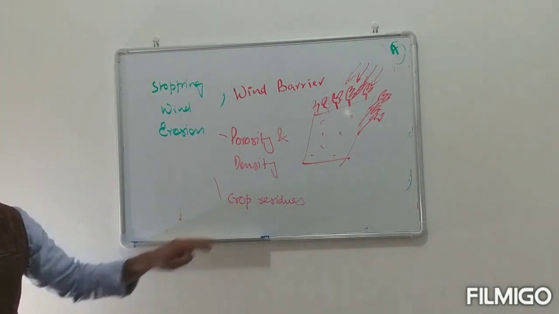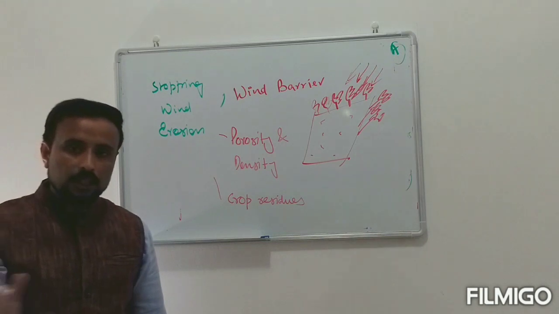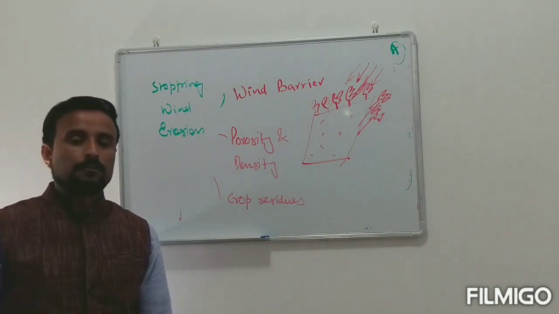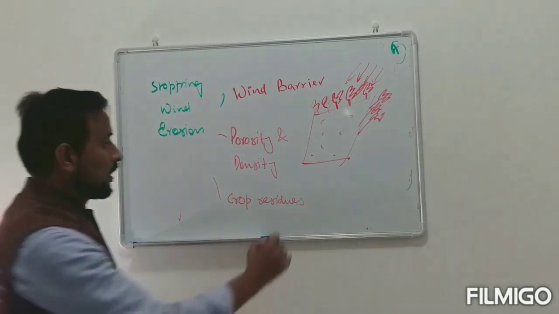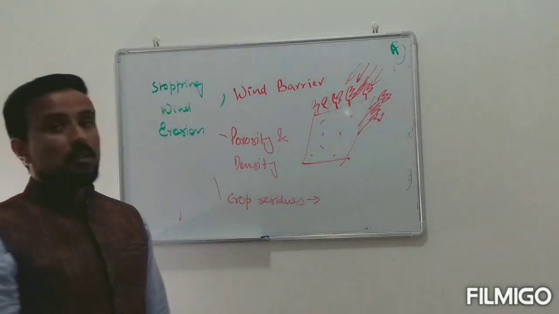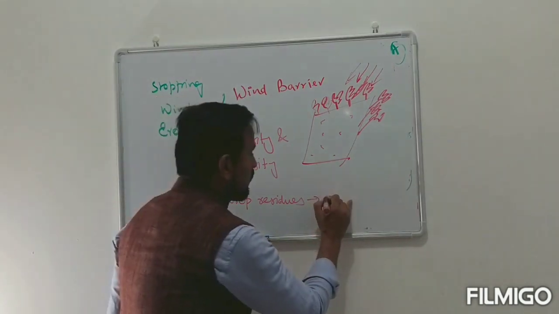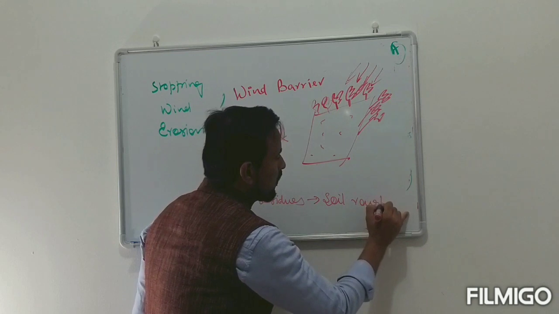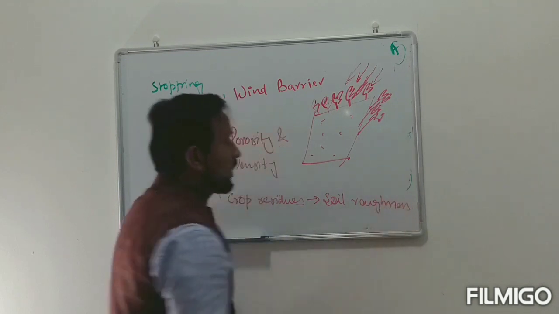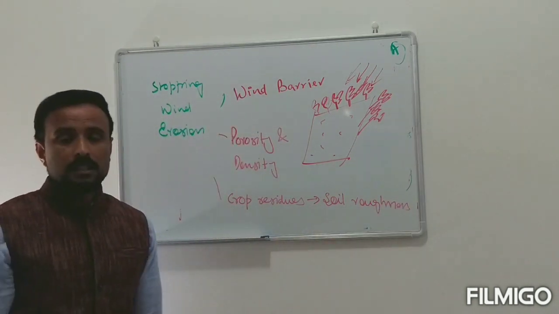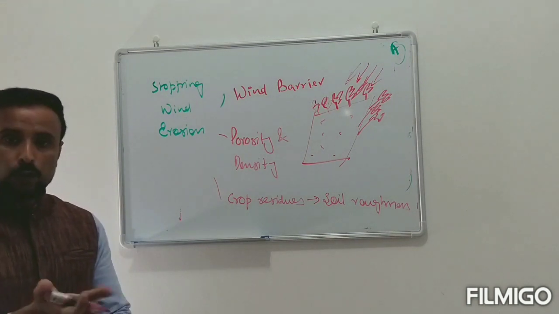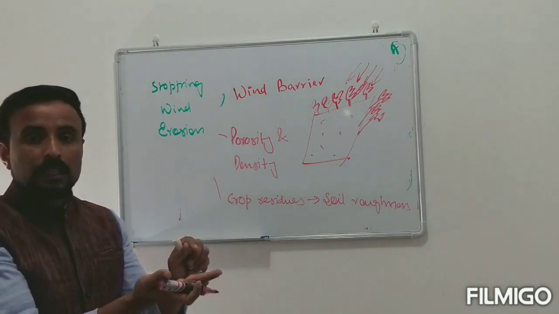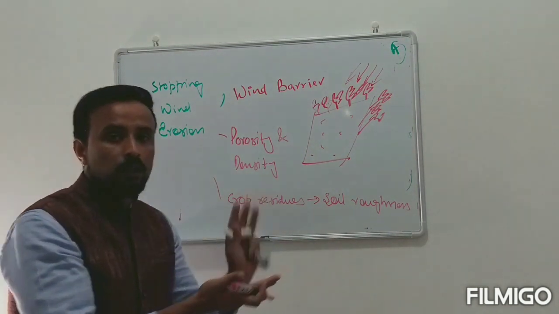If crop residues, after harvesting the crop, whatever material is left on the field, if it is kept there for a longer period of time, this helps in generating more soil roughness. It increases the soil roughness, right? The more the soil roughness, the more will be the drag force of soil. The more the drag force of soil, the better it will be able to combat the wind erosion, right?